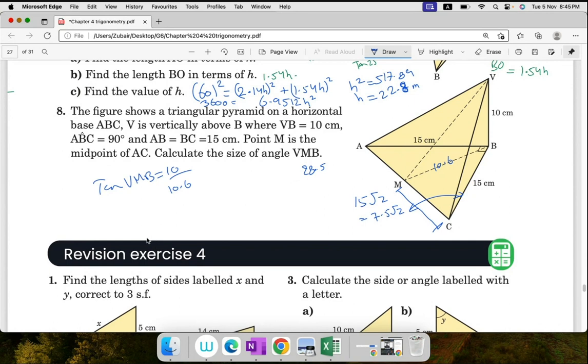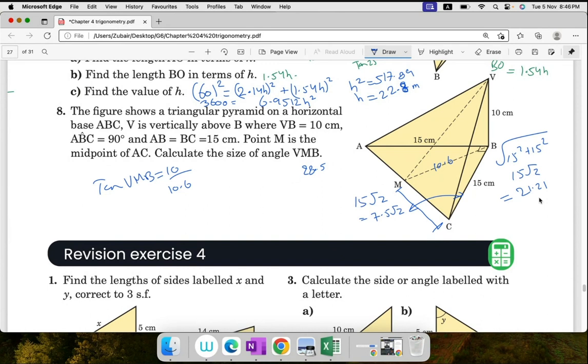Why am I getting 43.3? So in the first step, isn't AC going to be the square root of 15 squared plus 15 squared? Yes, that is 15 square root 2, which is 21.21.